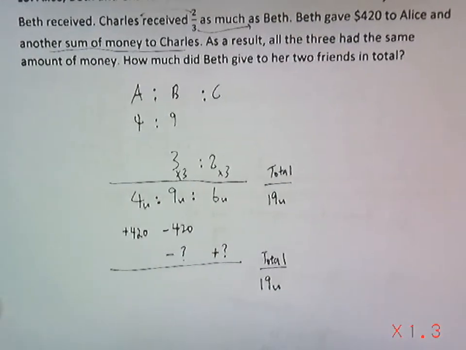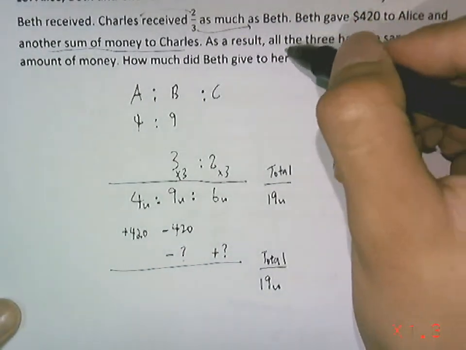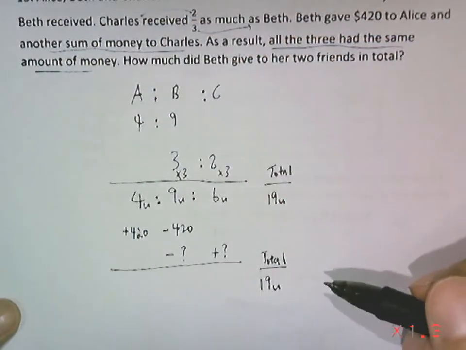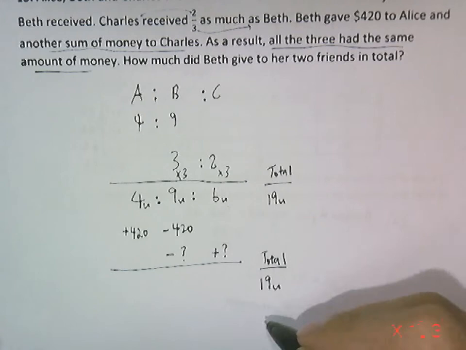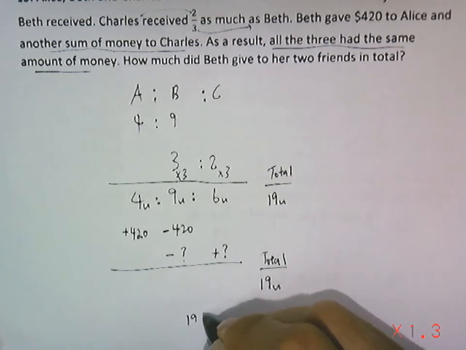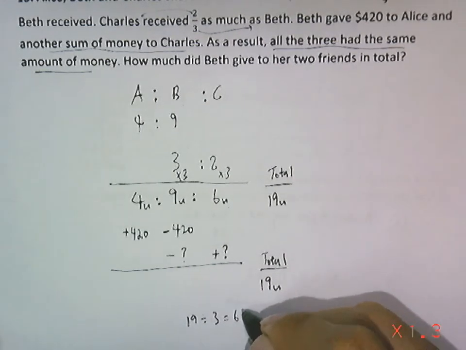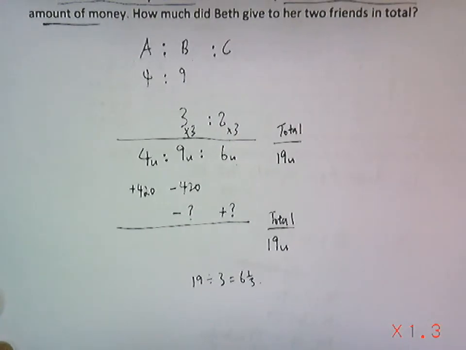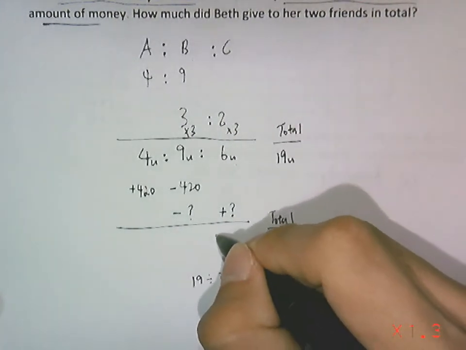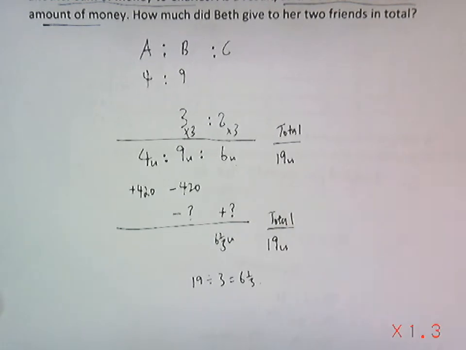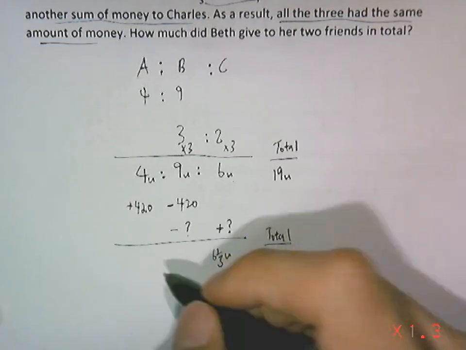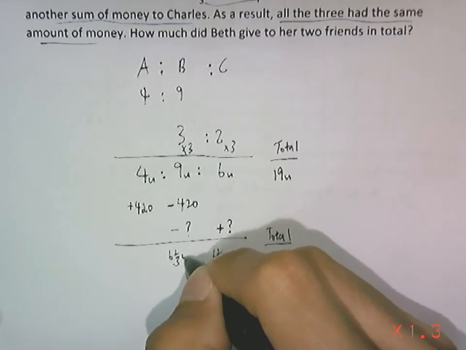Next, it's mentioned that all three had the same amount of money, so we do 19 divided by 3, which gives us 6 1/3 units for all three, each 6 1/3 units.